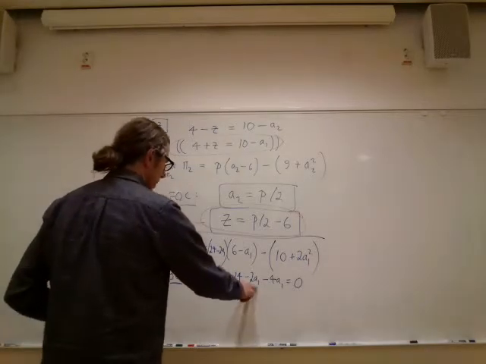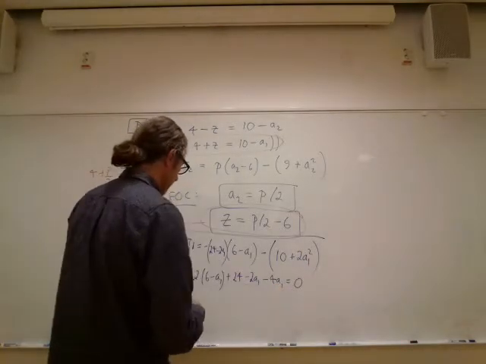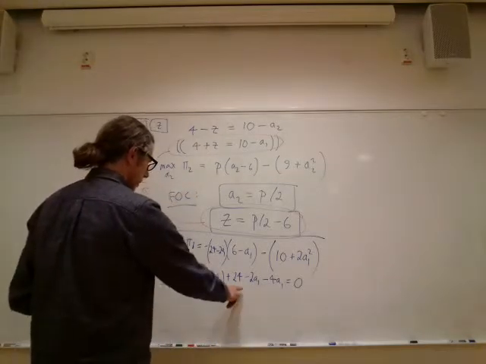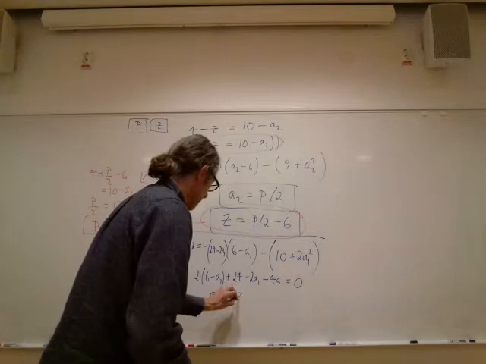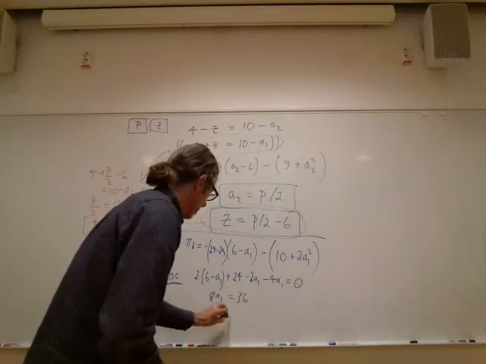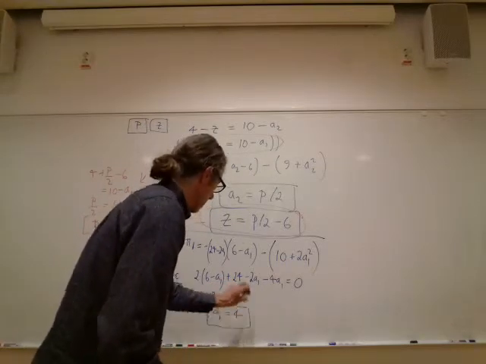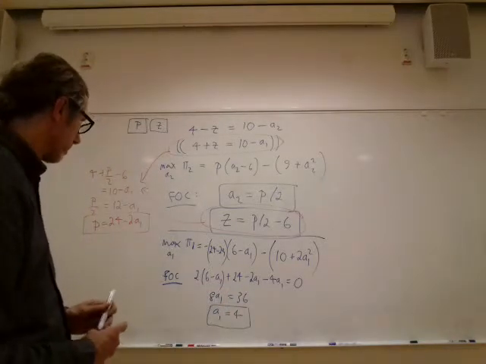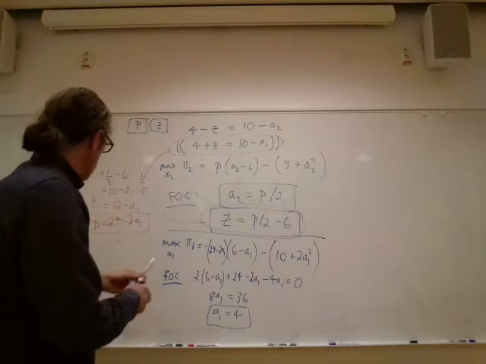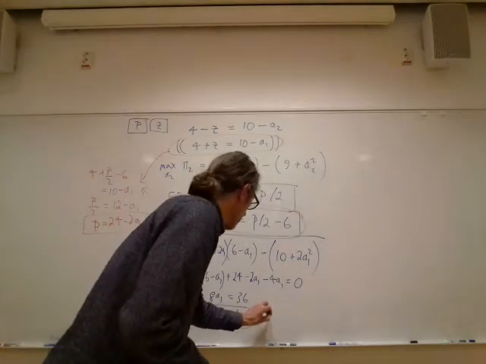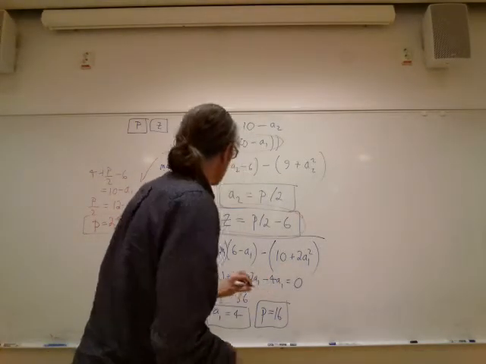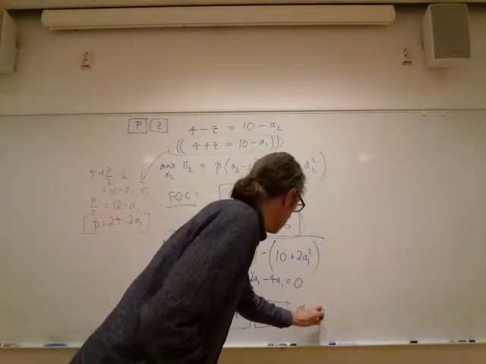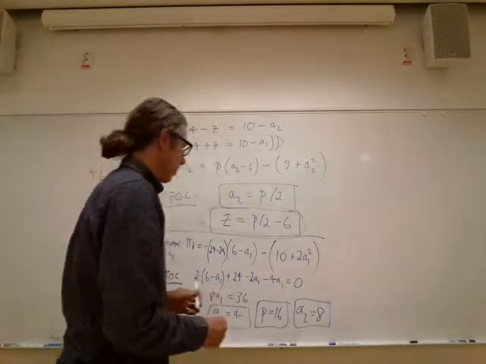Minus 2A1 minus 2A1 minus 4A1, so that's 8A1 is equal to 12 plus 24 is 36. A1 equals 4. P equals 16. A2 equals 8.